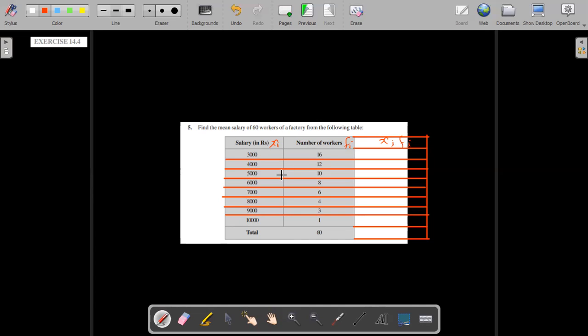So 3000 multiplied by 16, correct? You will get 48,000.